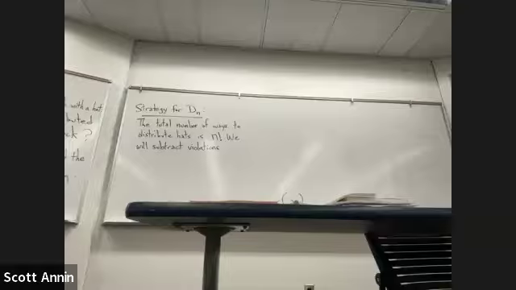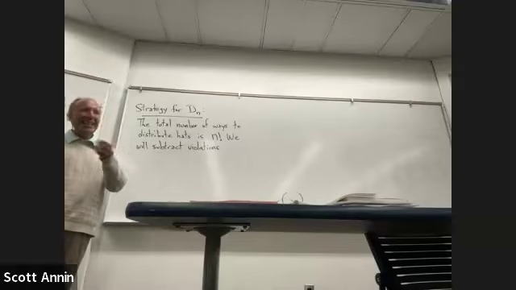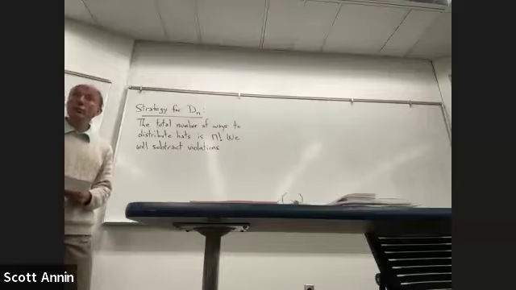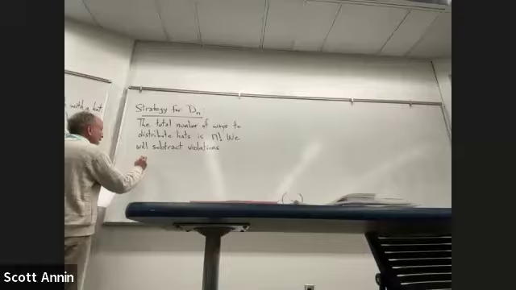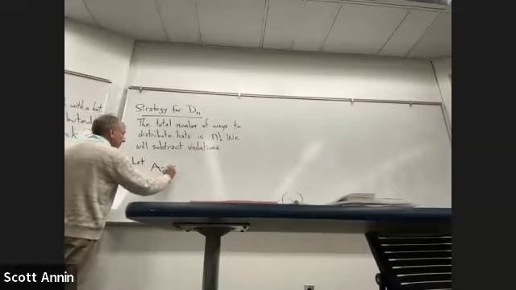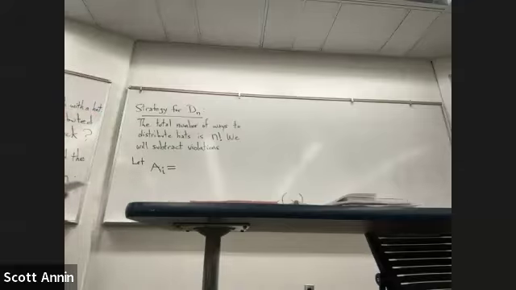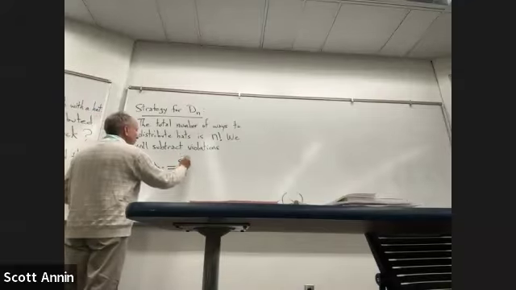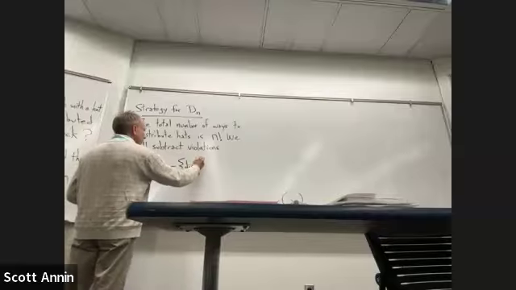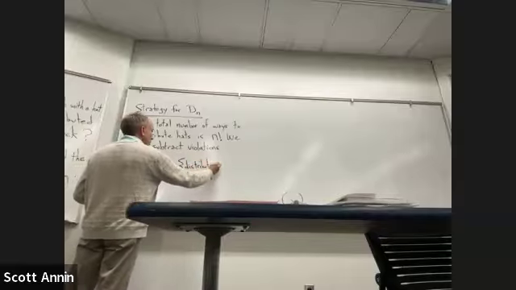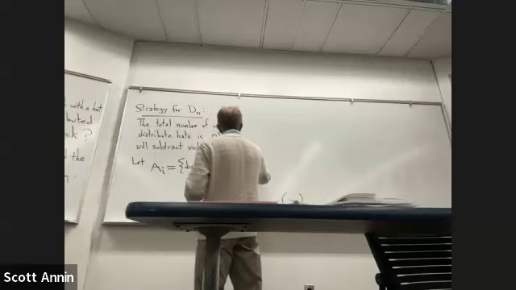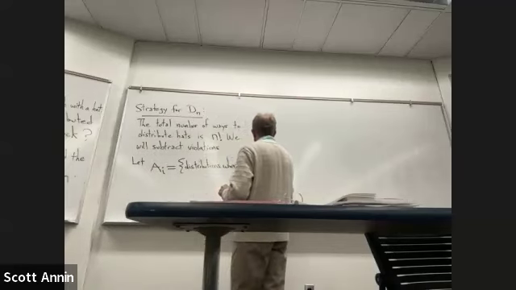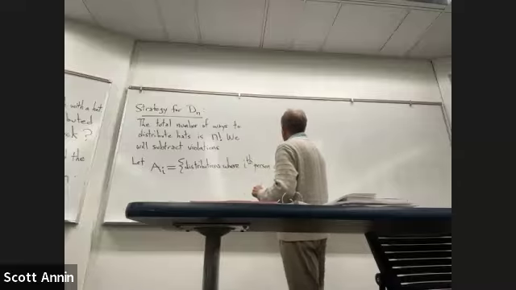To set up the violations, I'm going to make some sets because I like to use the inclusion-exclusion principle in the context of sets. So I'm going to let A sub i be the set of distributions where the ith person gets their own hat.